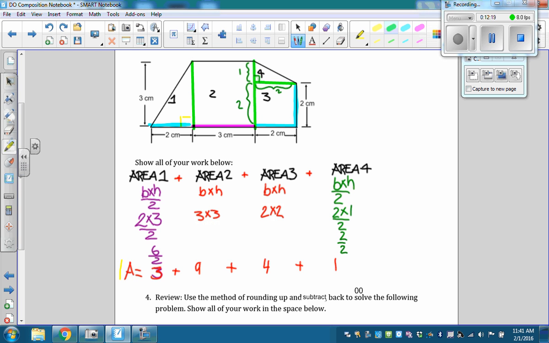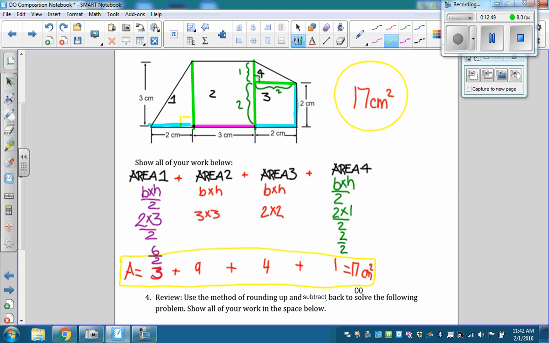So I'm going to add all these pieces together. And we did this in class. And when we add all that together, 3 plus 9 is 12, plus 4 more is 16, plus 1 more is 17. So we say it's 17 centimeters squared. So the final answer is 17 centimeters squared.